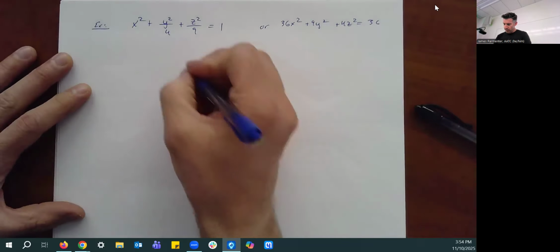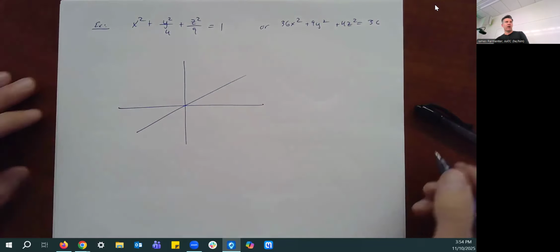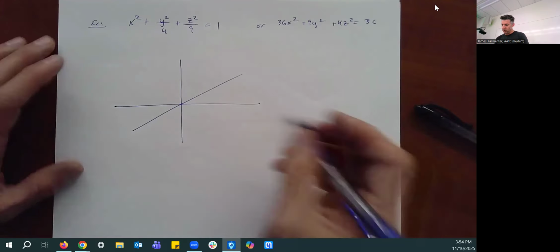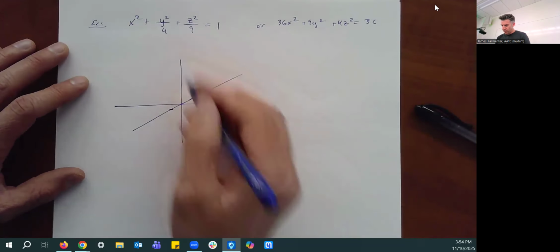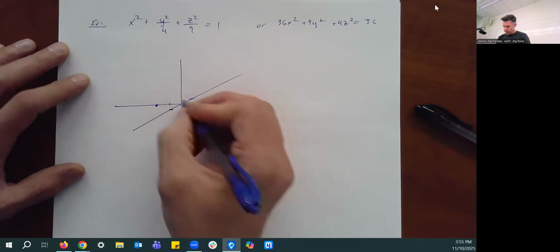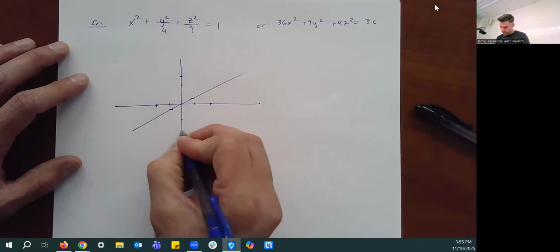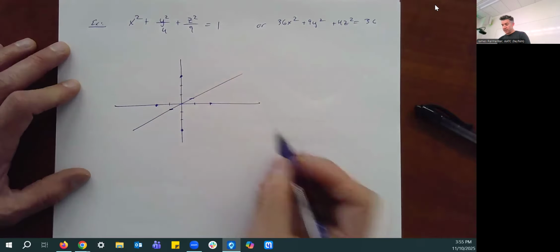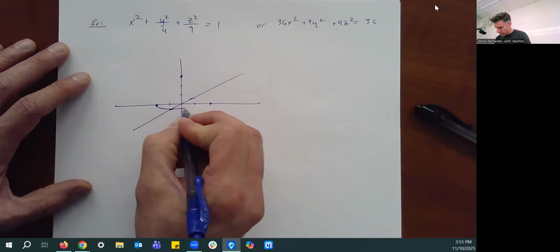And this one's probably the easiest to draw. It's just going to look kind of like an egg. Notice how I'm not even drawing the traces because I decided not to. My x-intercepts are plus or minus 1. My y-intercepts are plus or minus 2. And my z-intercepts are plus or minus 3. My trace in the XY plane is the ellipse that goes through those points.